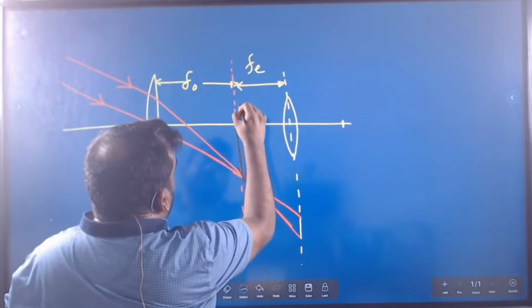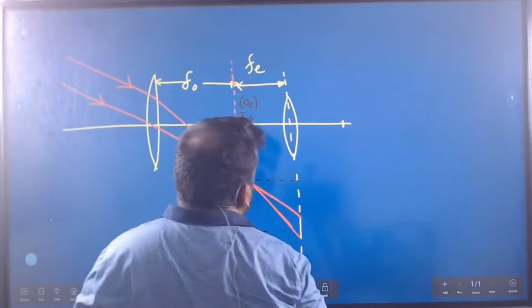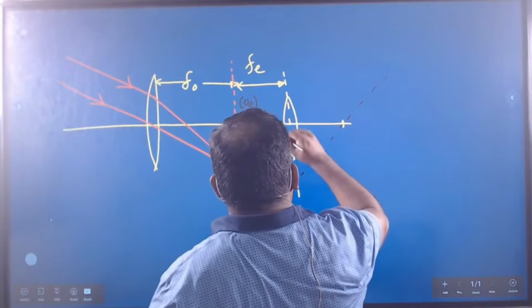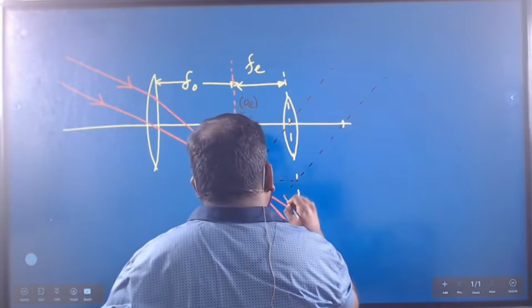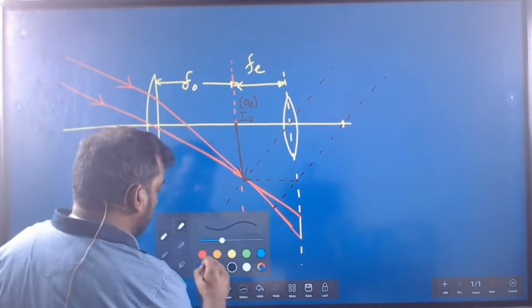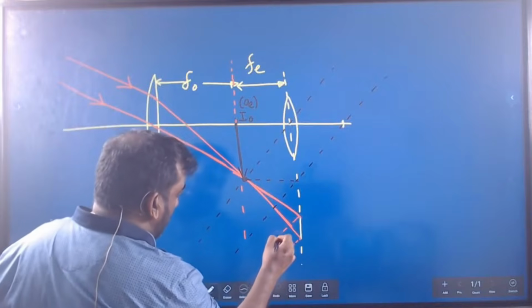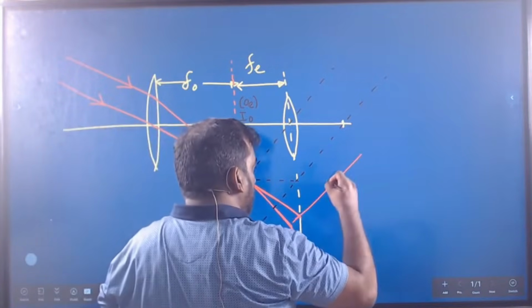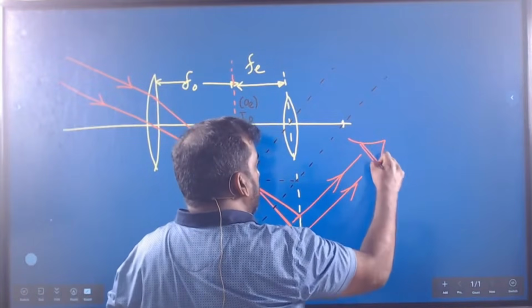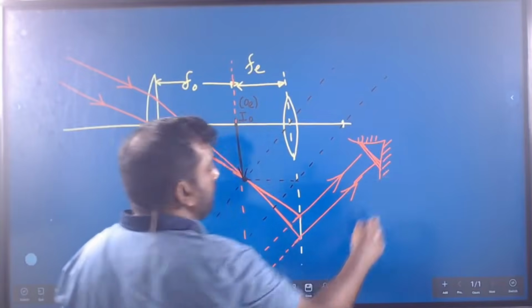Image of the object is the object for the eyepiece. Final image at infinity. These also should be parallel to that. These should enter the eye.